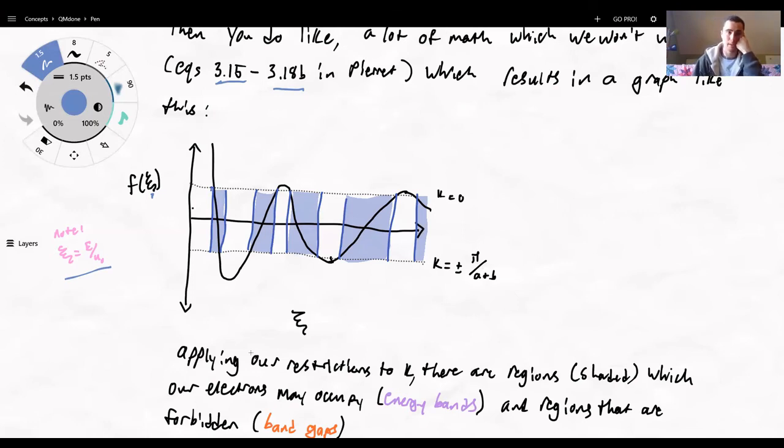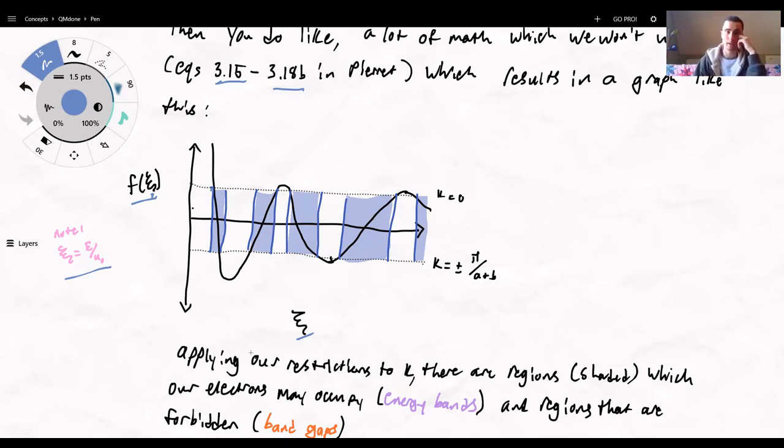So just have this be the function of the solutions of these equations with respect to this normalized energy, and then this is just energy. So we're seeing where it can be as a function of energy.